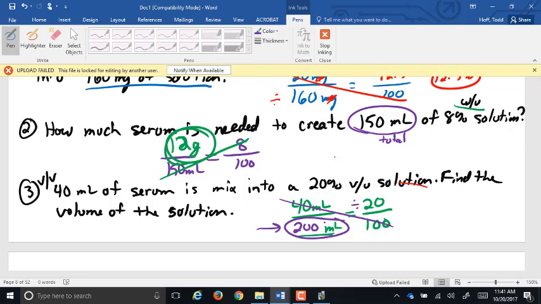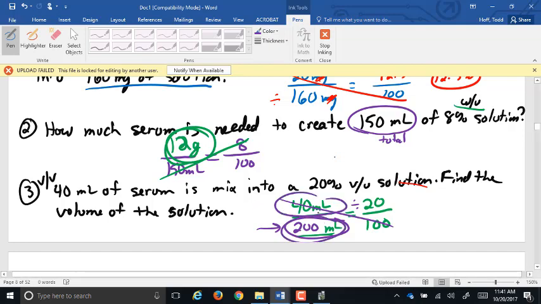When you're dealing with volume and volume, you're always dealing with just the serum and the total. For the amount of saline, you have to have more information. And we don't want to get into percent reductions in solutions, like when you mix alcohol and water, you have an 8% reduction in total volume. We don't want to get into that type of stuff.